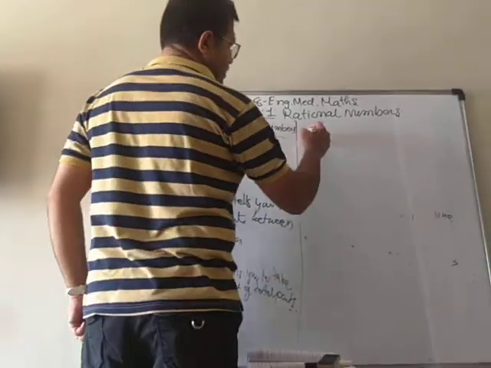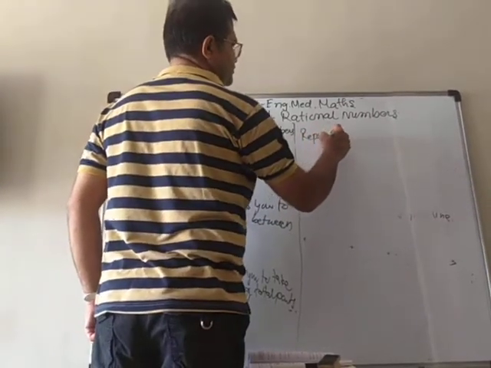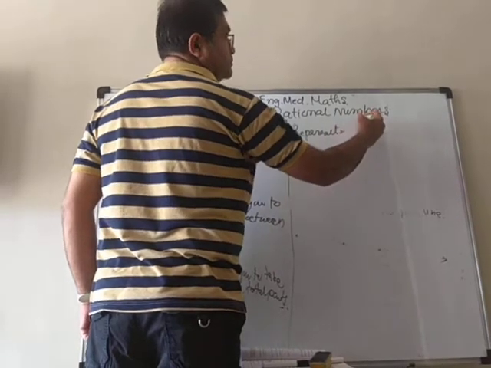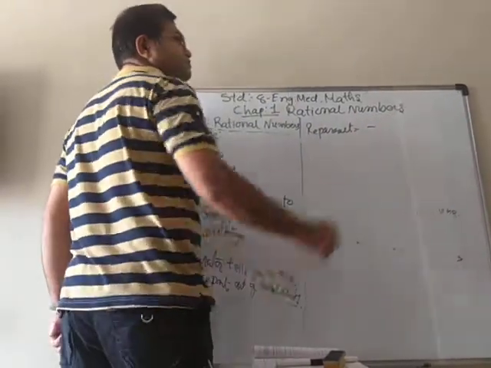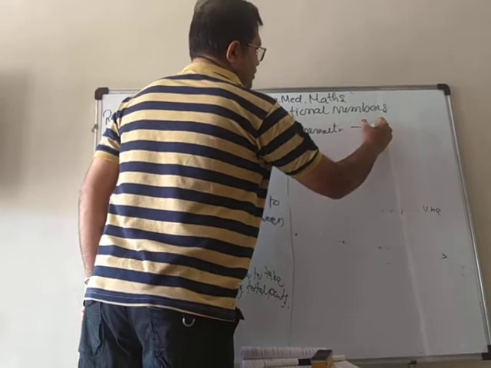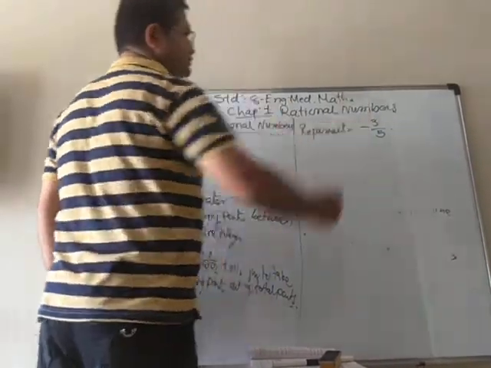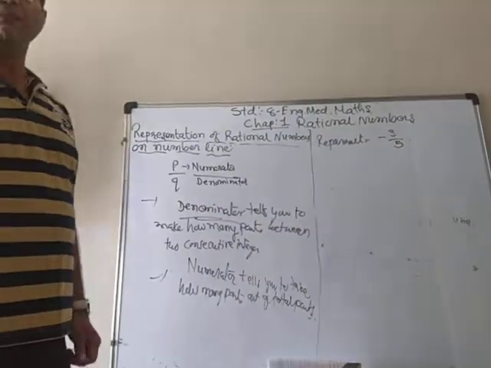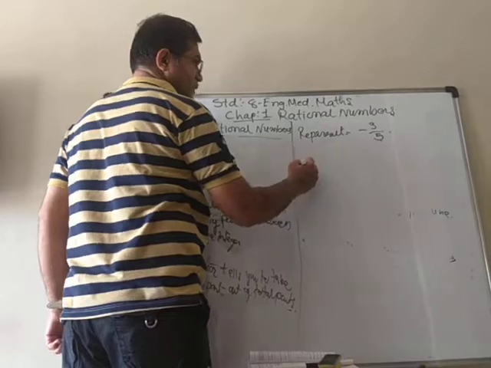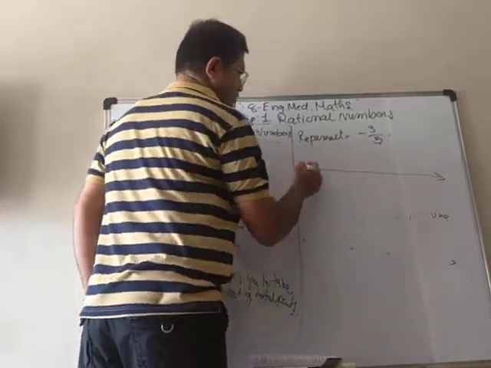We can take, like, represent minus 3 upon 5 on number line. So here 5 equal parts, but it is negative integer.